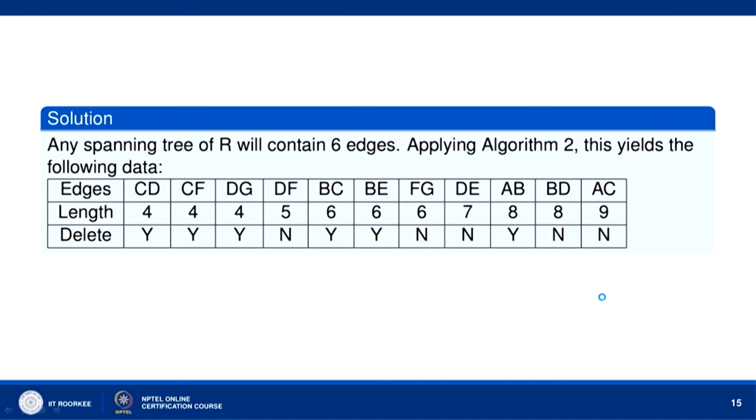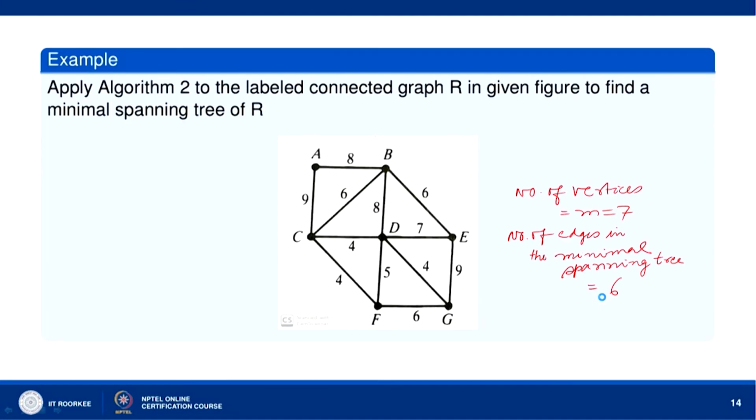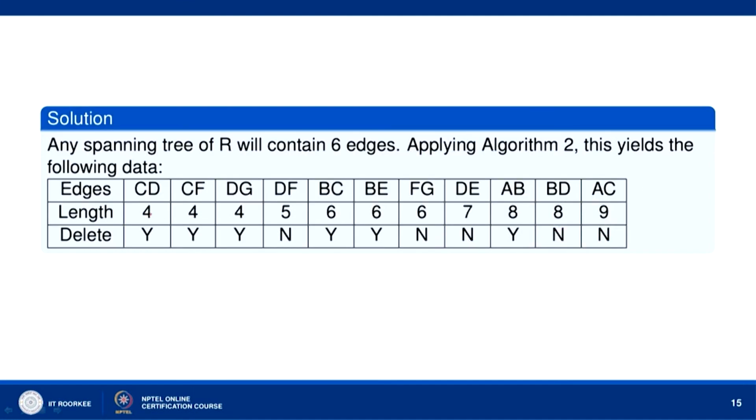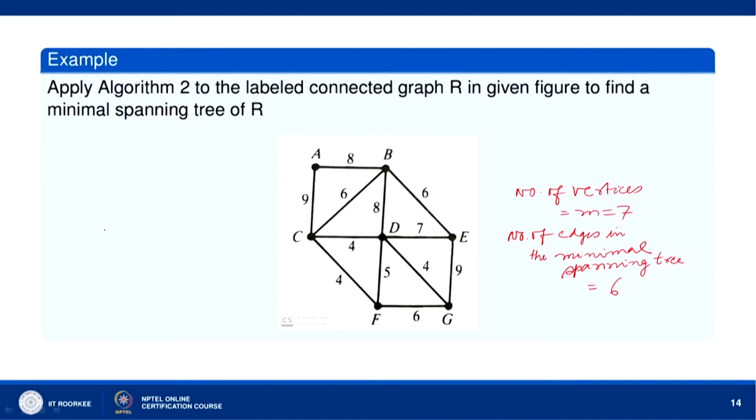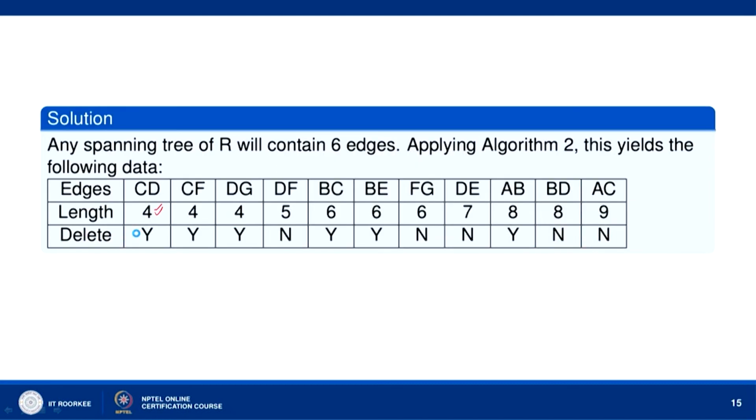So, let us see. The first thing that we have to see is CD. Shall we add CD to the graph? C is here, D is here. So, we add this CD. And then after CD, CF, can CF be added?